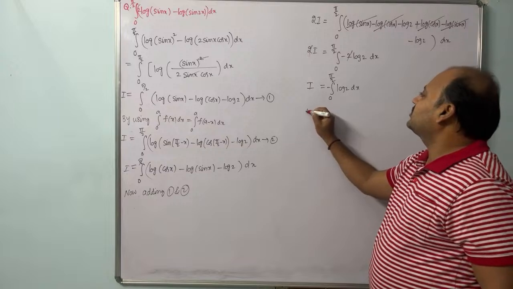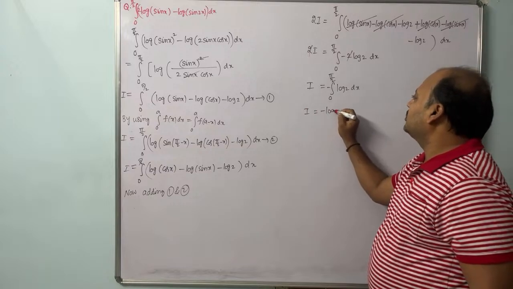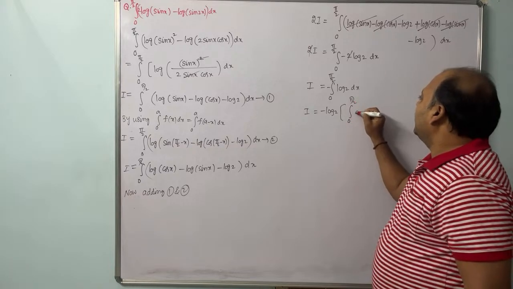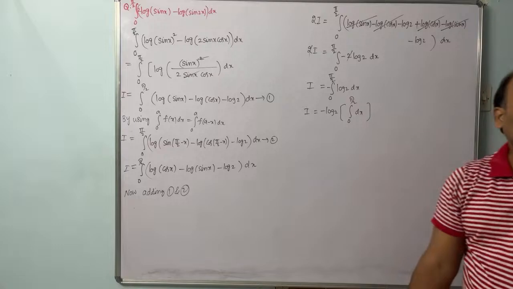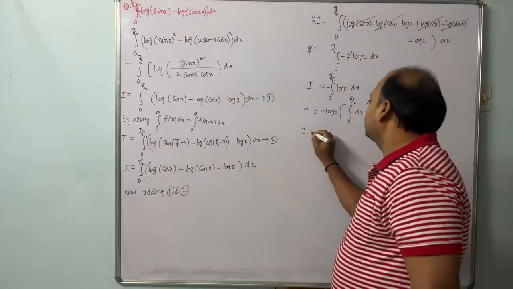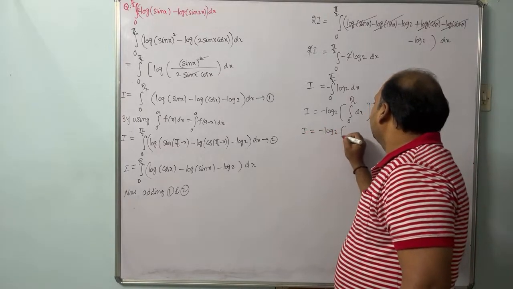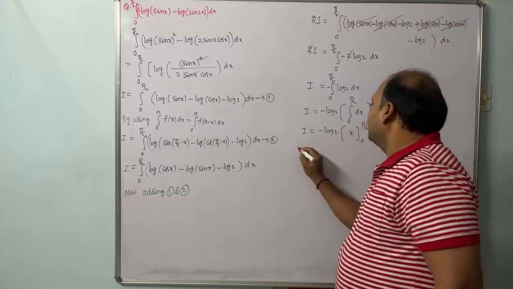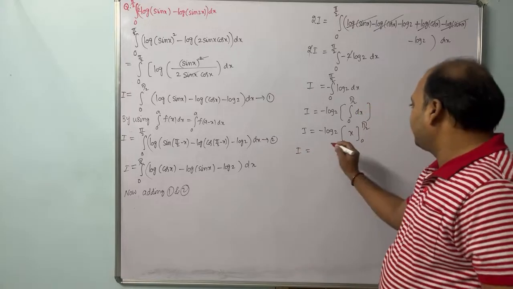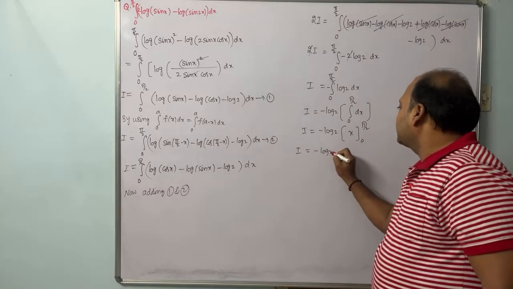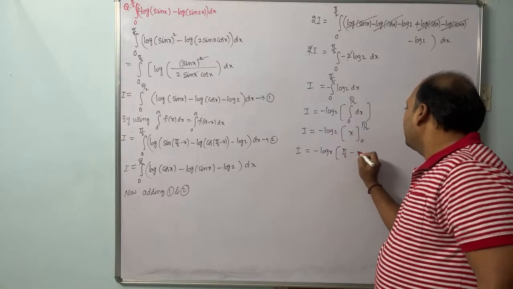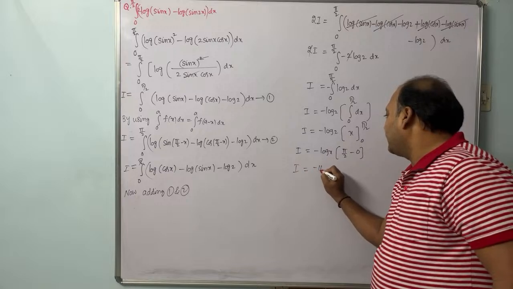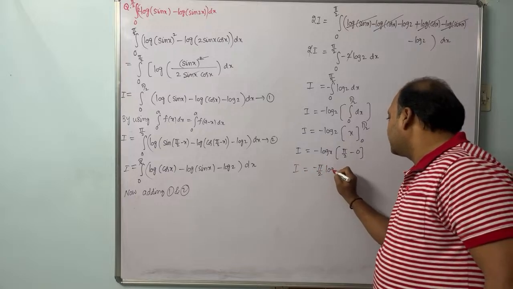Since log 2 is a constant, bring it outside: minus log 2 times the integral from 0 to pi by 2 of dx. What is the integral of dx? x. Applying the limits, minus log 2 times x from 0 to pi by 2. So I is equal to minus log 2 into pi by 2 minus 0. So I is equal to minus pi by 2 log 2.